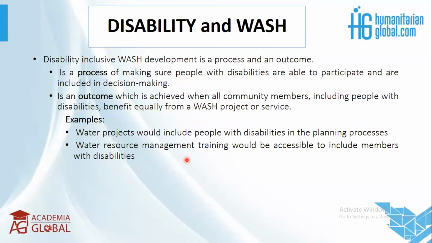So for example, if we are having a training session and you have a site for the training, and maybe the distance is very far, it means people with disabilities may not be able to access it. Or you'd find that you have put a meeting on the 4th floor, and the building doesn't have ramps or accessibility for people with disability. So it's about ensuring that wherever you set a training, it should be accessible to members with disability.